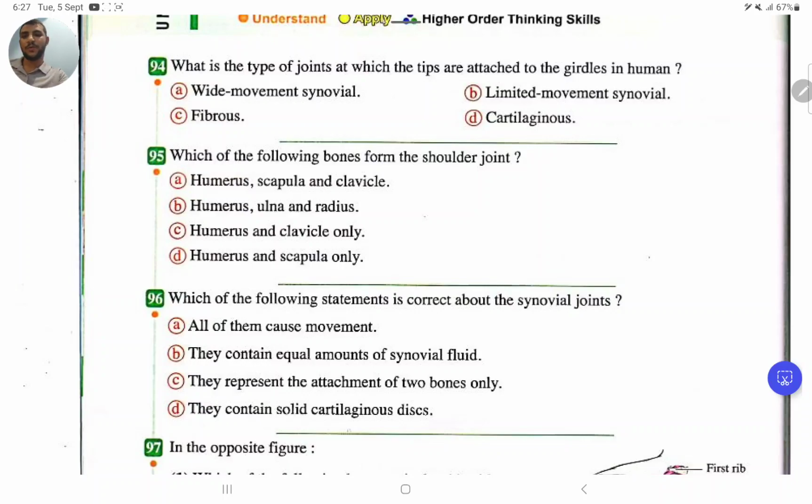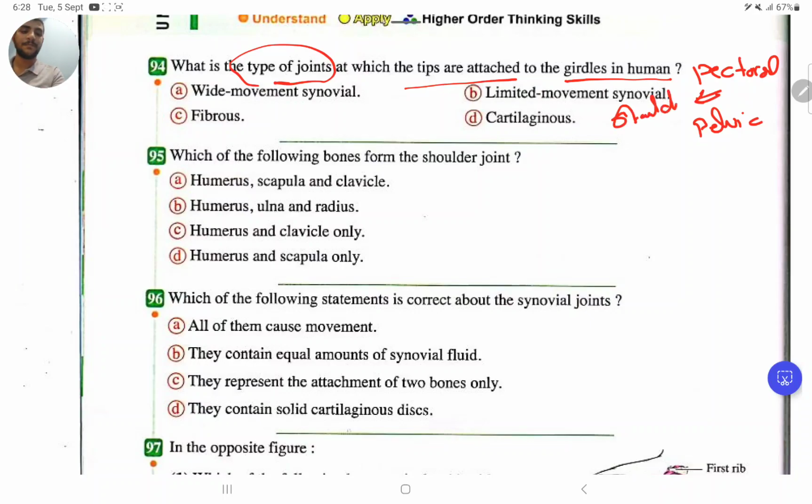Let's continue. What is the type of joint whose bone tips attach to the girdles in humans? Of course, guys, by girdles we mean the pectoral and pelvic girdles. In the pectoral girdle the joint is the shoulder joint, and in the pelvic girdle the joint is the hip joint.